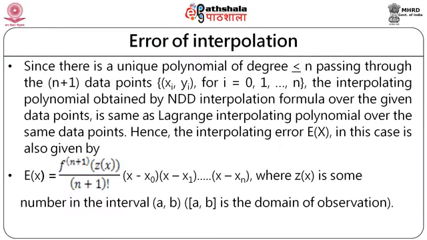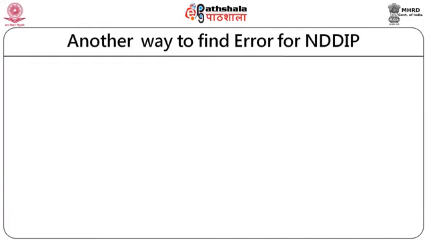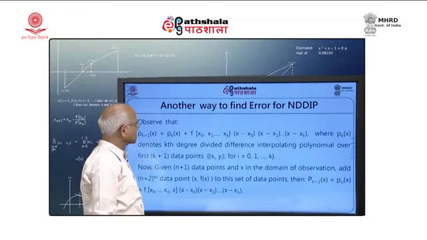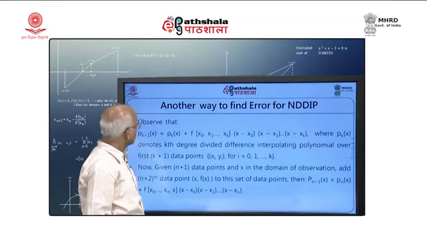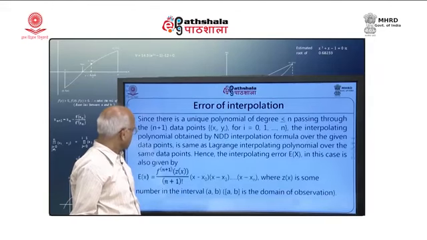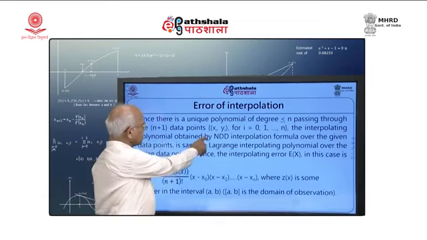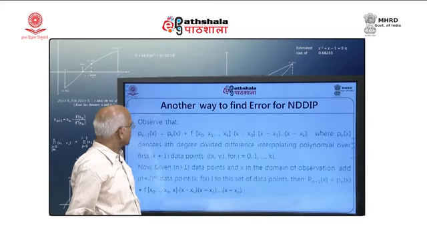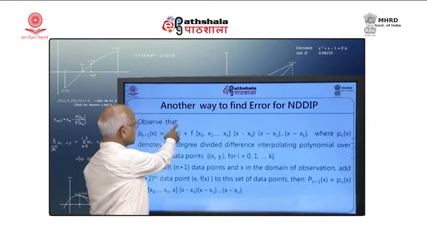We can in fact verify that the formula for error is given by this using properties of the divided differences, and that can be done like this. What we do is observe p k plus 1 x. I am going to add one additional data point to these data points, x and f x.